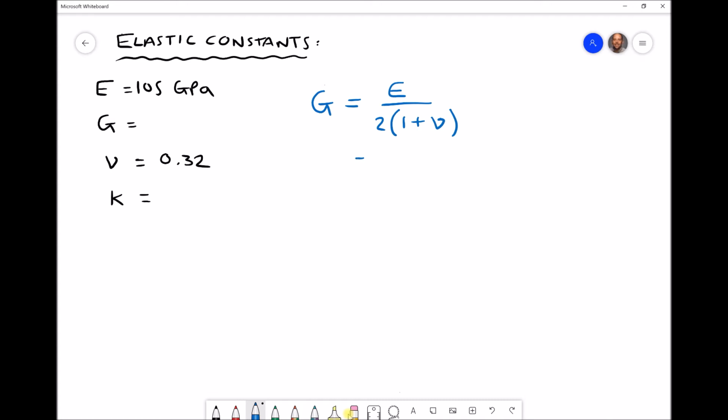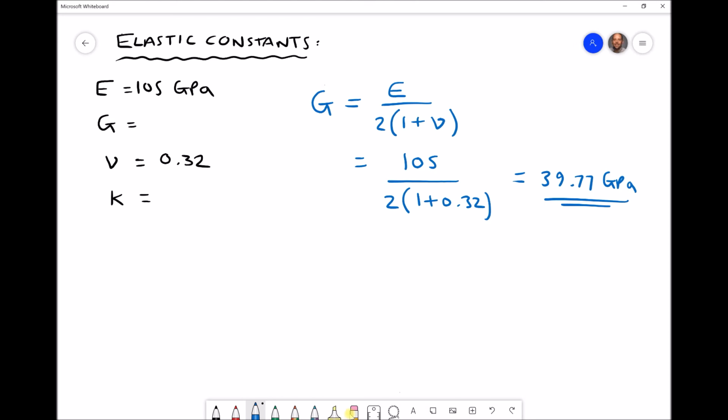Now, plugging in our values then, we have an elastic modulus of 105. Note that that's in gigapascals, so that's going to give us a modulus of rigidity in gigapascals, divided by 2 times 1 plus 0.32, giving us a modulus of rigidity equal to 39.77. And once again, that's gigapascals.